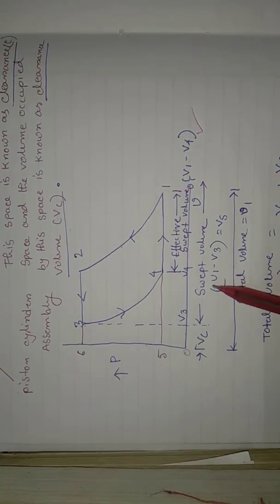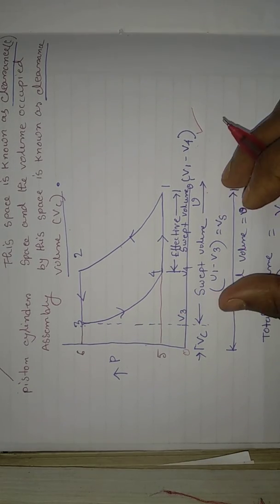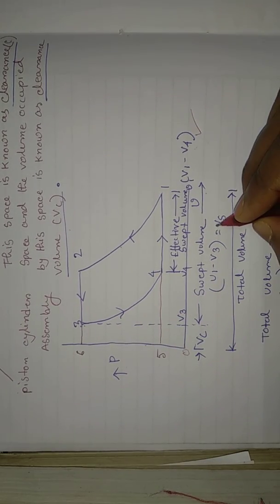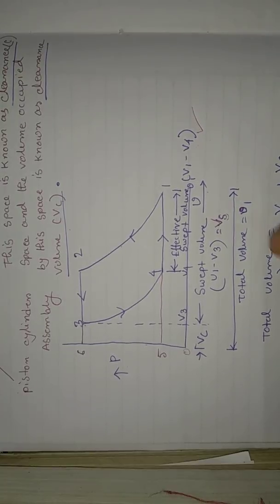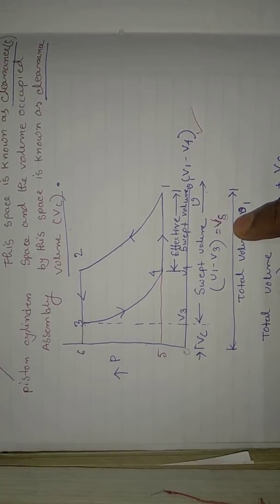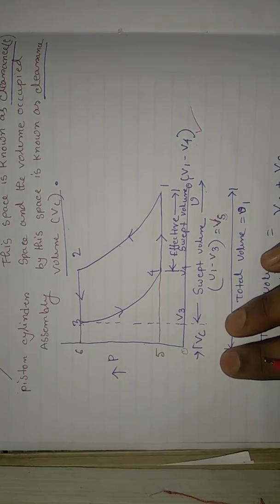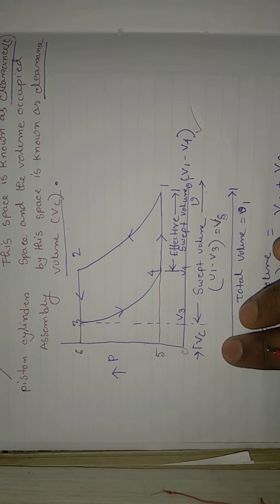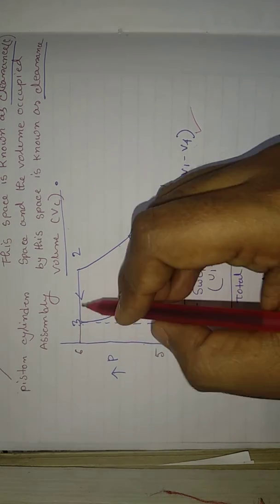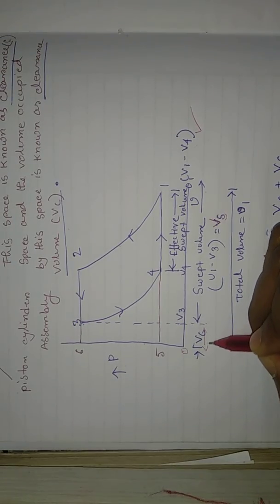Now the actual swept volume is V1 minus V3. That is your swept volume, generally designated Vs. The gap between the top dead center and the cylinder head is designated with Vc, which is the clearance volume. Point 3, corresponding to point 0, indicates your clearance volume.